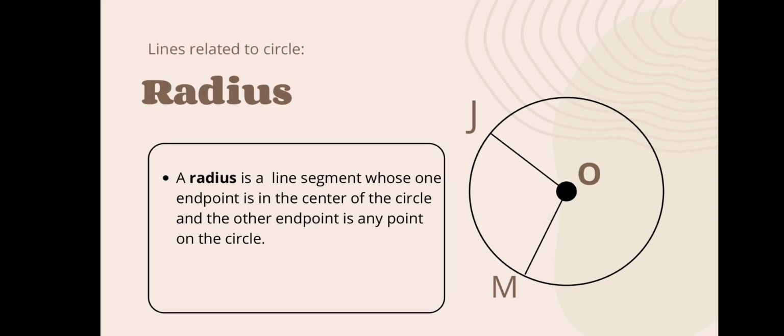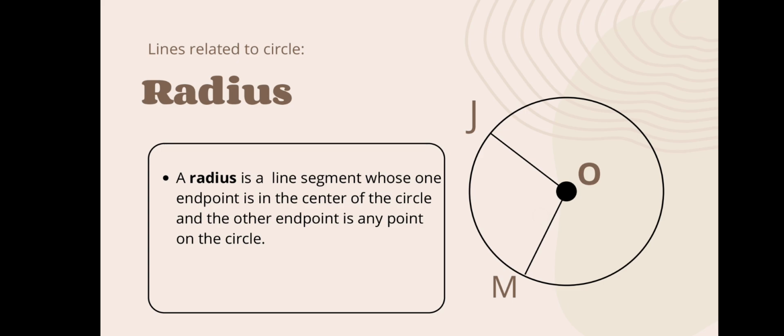Next is the lines related to the circle. First is the radius. A radius is a line segment whose one endpoint is in the center of the circle and the other endpoint is any point on the circle.